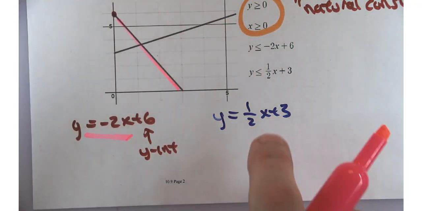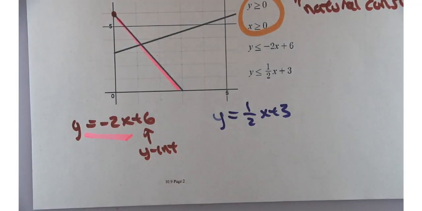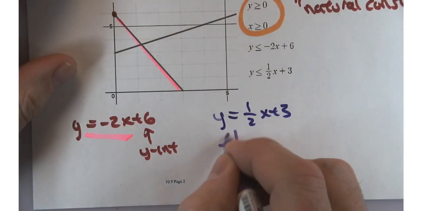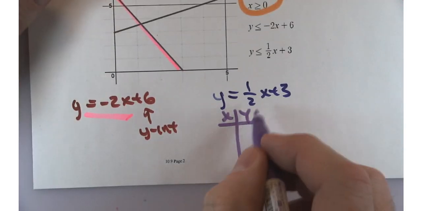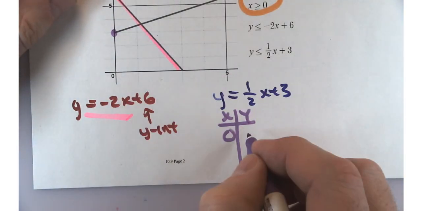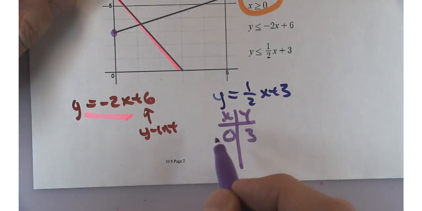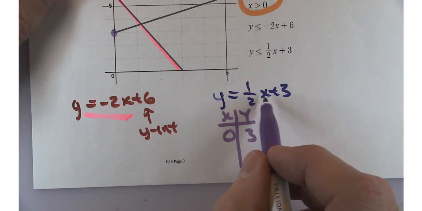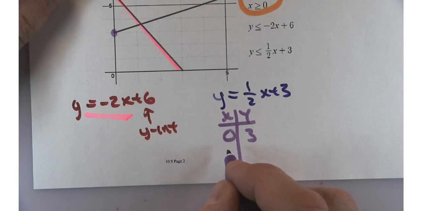For this one, well, maybe you want to graph these things by plotting points. If that's in your comfort zone, that's fine. I'd always start out with x equals 0 because that gives you the y-intercept. So 0 goes with 3. And then because this is multiplied by 1/2, it might be convenient to choose even numbers.